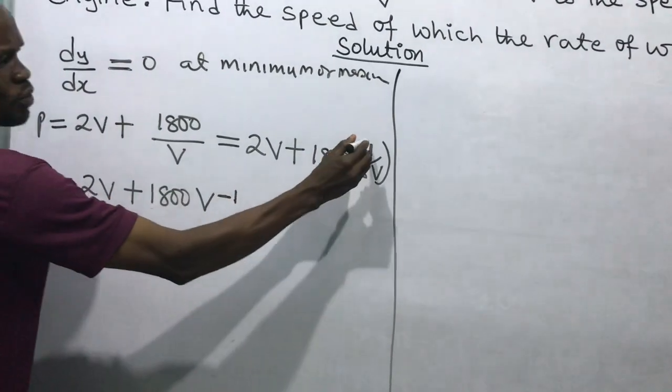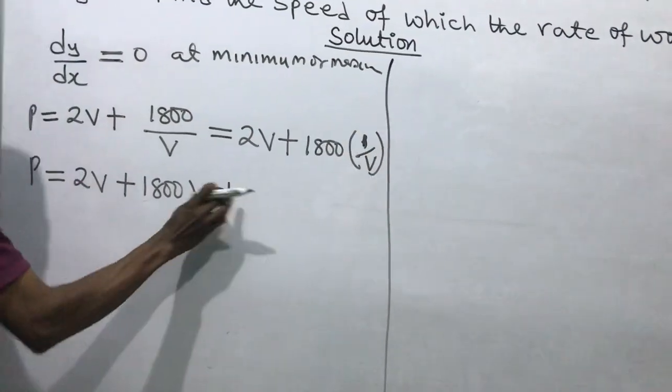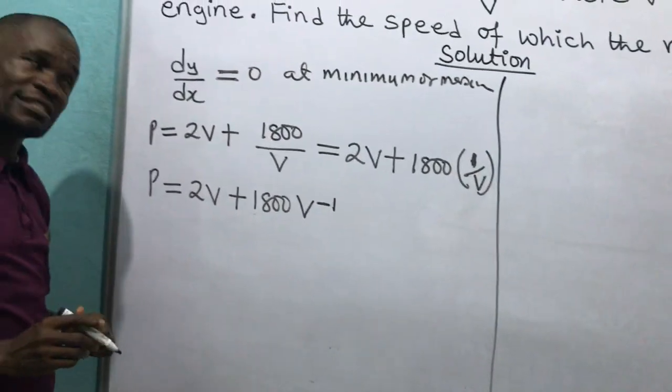You know that 1 over V can be written as V raised to the power minus 1 in indices.